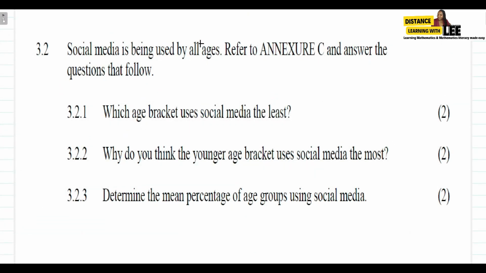Question 3.2.2. Why do you think the younger age bracket uses social media the most? Here, guys, you can give your own reasonable explanation. You can say that the younger age group uses social media the most because they are more in tune with technology.